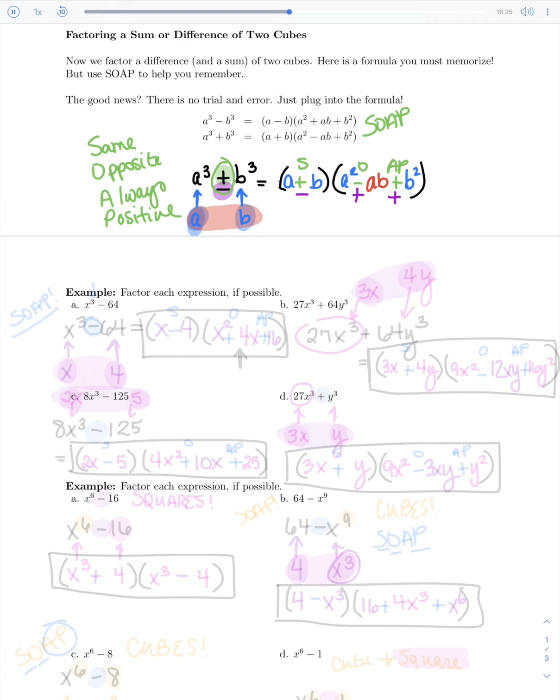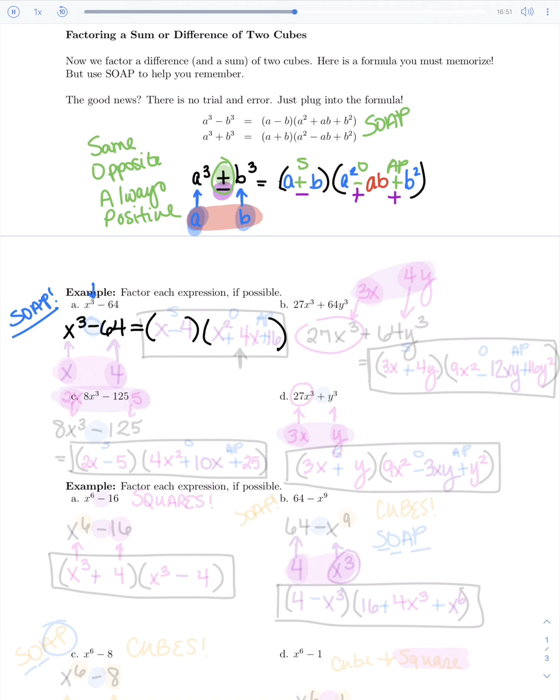So let's take a look at A. So we've got an x cubed minus 64. So because we're looking at cubes, we're looking at SOAP. And how I know we're looking at cubes is because we're looking at exponents that are divisible by 3. So with cubes, it's a little bit bigger. We start out with 2 terms, then we move to a trinomial of 3 terms.